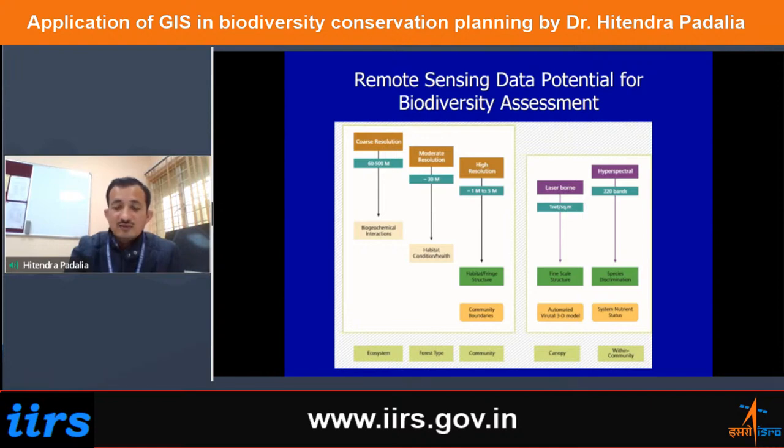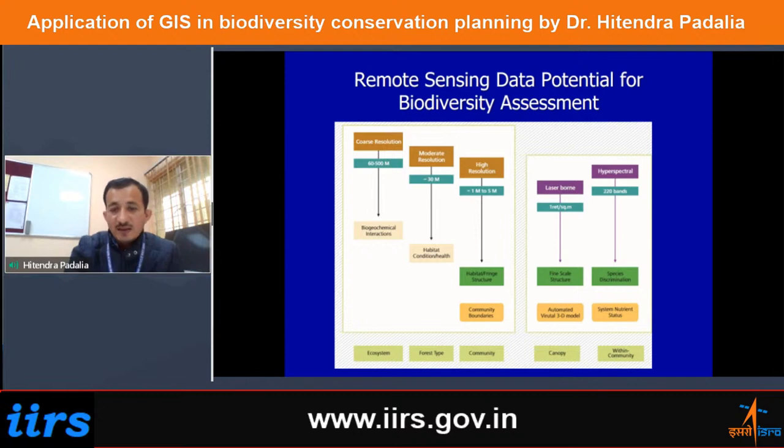That's why it can enhance the information provided by the optical, particularly multispectral remote sensing, and it can facilitate better discrimination of species, communities, and several chemical traits of the canopy, moisture conditions, and pigments, etc.